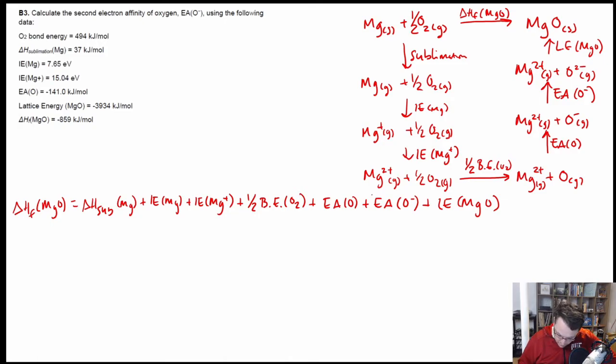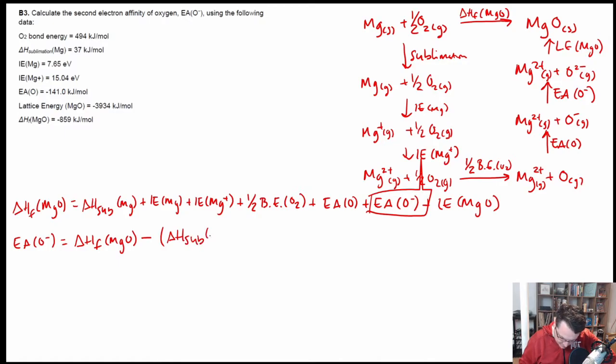What we're aiming for, right, is to figure out what this is right here. That's the only unknown. And so we rearrange that whole equation, so that we're solving for the electron affinity of O minus in this case. So we rearrange that. What we get is that EA of O minus is equal to delta H of formation of magnesium oxide minus, and then I'm just going to simply in parentheses put everything else from right here.